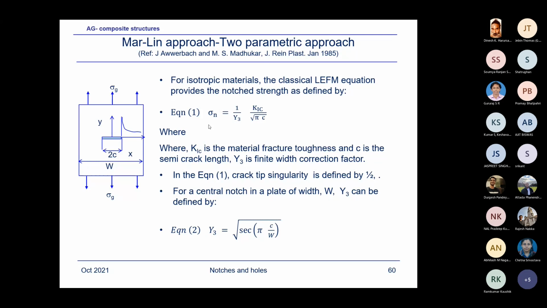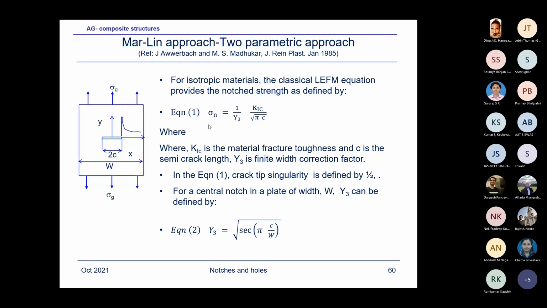Now, this is common for metals, but using the similarity of this with composites, that's what Mar and Lin did. They said, okay, in composites, because of the damage near the crack tip, the singularity may not remain as root singularity. The singularity may be lower than that.